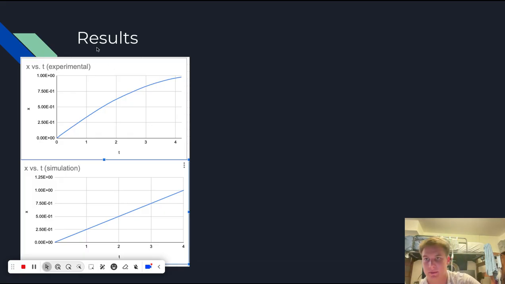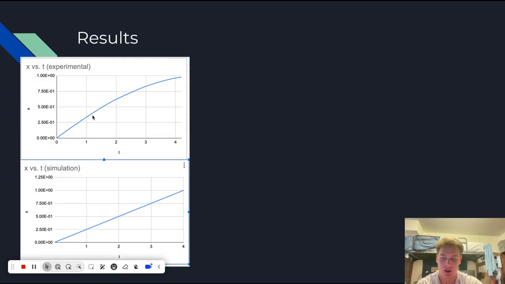All right, here's the meat of this lab. Here we've got our x versus t experimental and simulation. As you can see, this simulation model is a completely straight line, which indicates there are no net forces acting upon this object. Now, over here in the experimental category, you can see we start off with a steep slope, and then it starts to shallow off a little bit.